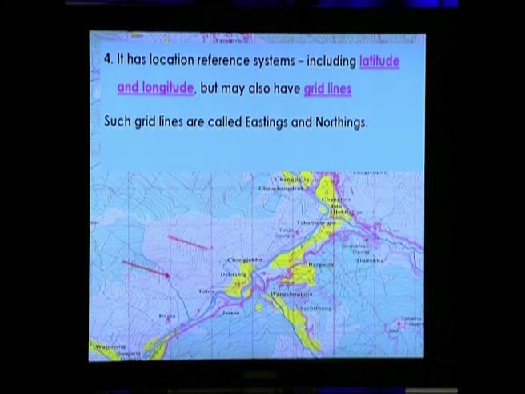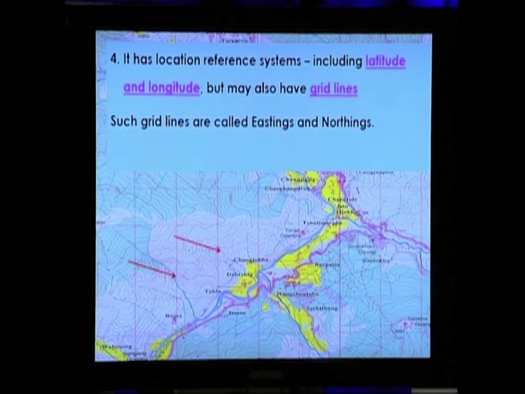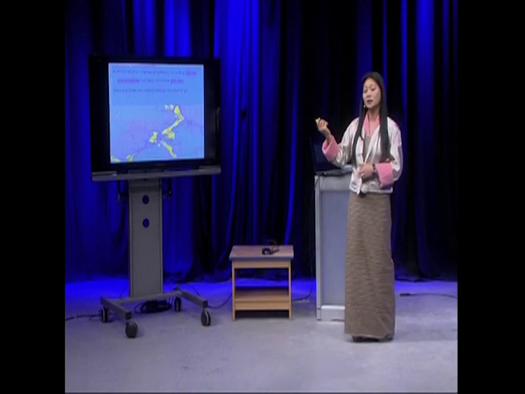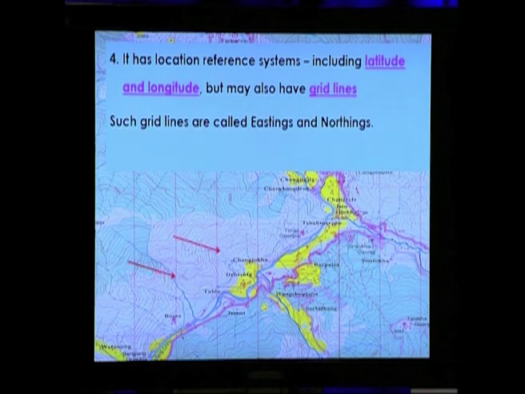Okay, let's look at what are eastings and northings. If you look at the two arrows, the first arrow points to a line which runs from north to south. And the other arrow points towards a line which runs from east to west.